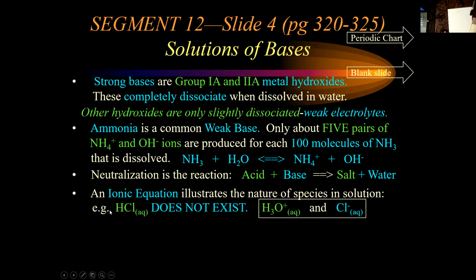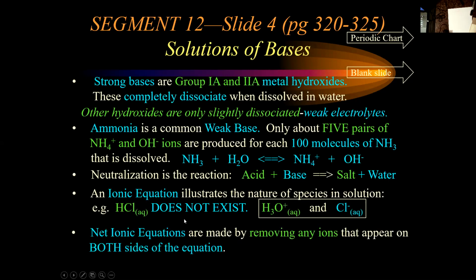So all the strong acids can't really be written as HCl aqueous. Sometimes we might do that in a molecular equation, but if we were trying to show what the ions are, instead of HCl aqueous, we would replace that with H3O+ aqueous and Cl- aqueous.